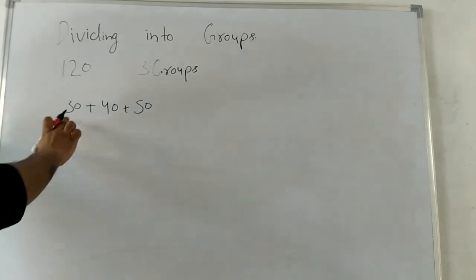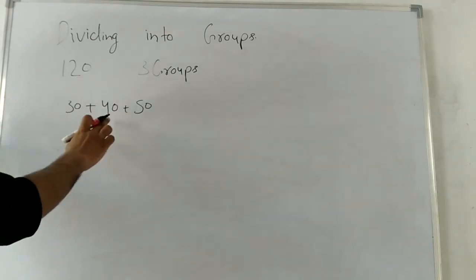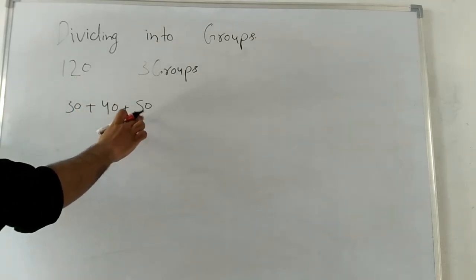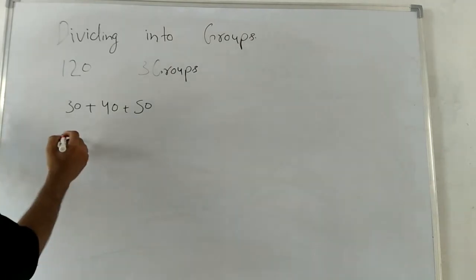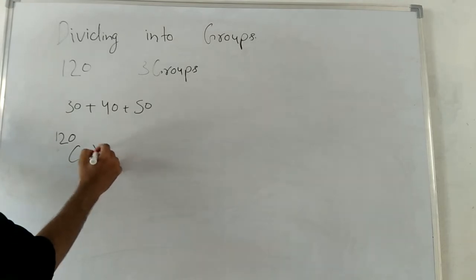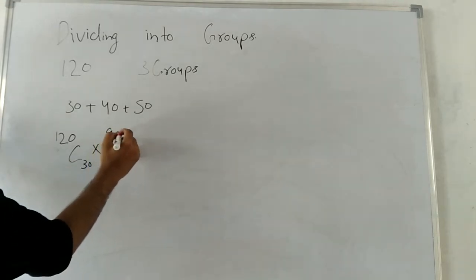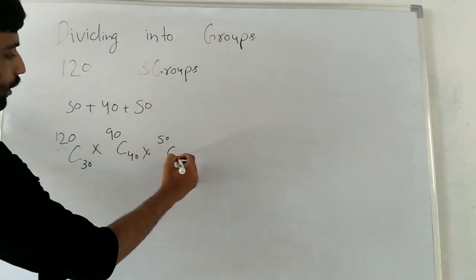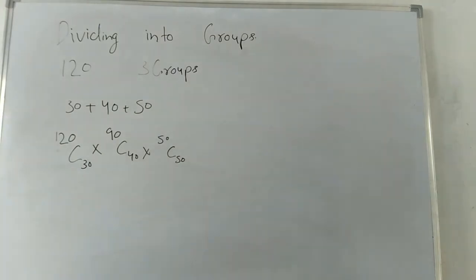So we have to choose 30 students out of 120, 40 students from the remaining 90 and 50 students from the remaining 50. So we can write it in this way, like 120C30 multiplied by 90C40 multiplied by 50C50.